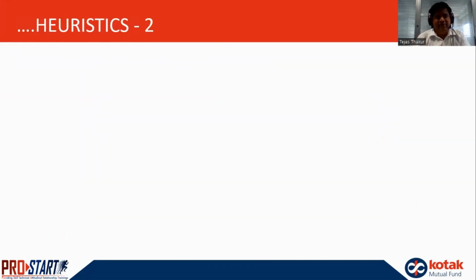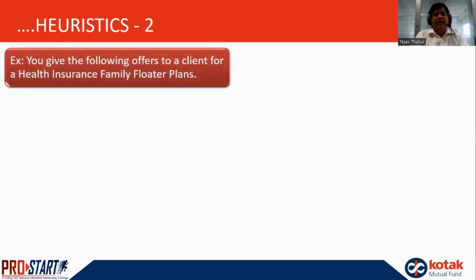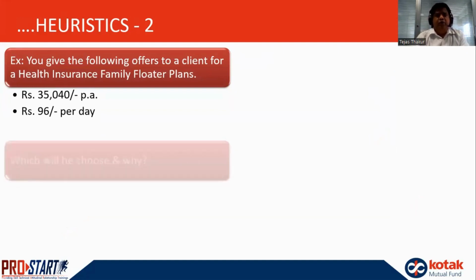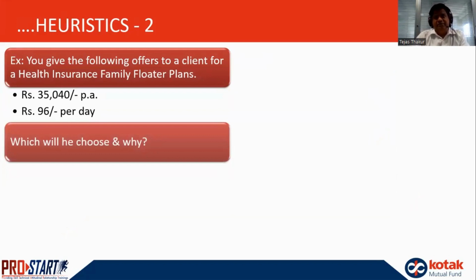We'll have an example here. So if I give your clients the following options in the health insurance floater plan. So I say there are two options: 35,440 rupees per annum as a premium, or I say 96 rupees per day. Which will your client pick up and why? I'm not asking which will you pick up, I'm asking which will your client pick up.